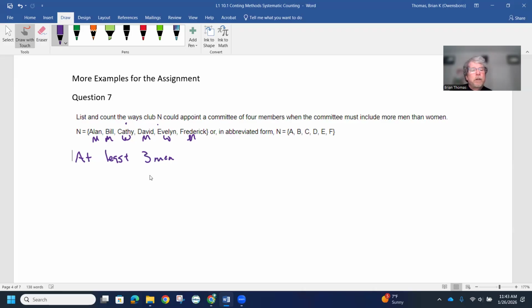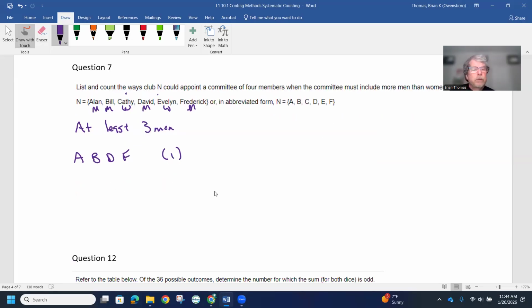But since we have 4 men, one option would be I could have Alan, Bill, David, and Frederick, all men in a committee. But notice how that would just be one option there because order does not matter. It's still the same committee regardless of what order those are in. So it doesn't matter who's first in this situation, they're all men.